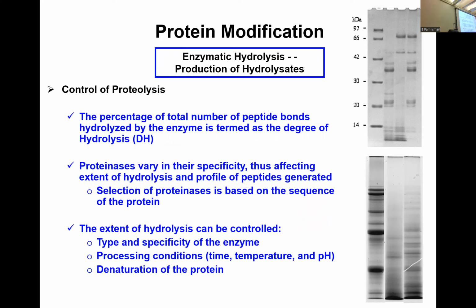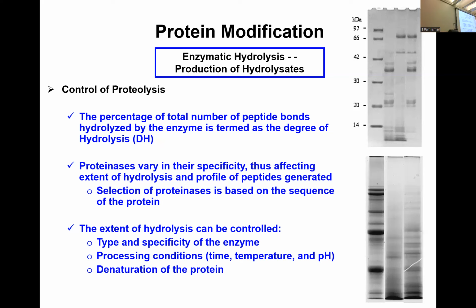So here's an example of soy protein. In this lane, there is soy protein, the first lane here is soy protein. That's the only difference between this and this, they're the same. So this is soy protein, this is soy protein, but on different gels, different sources of soy protein.